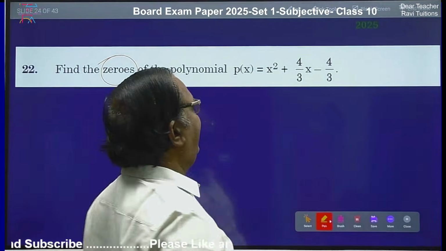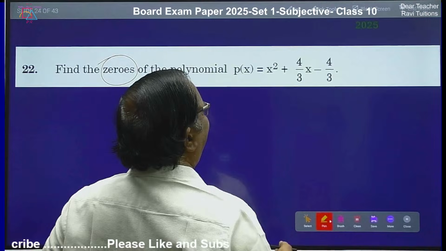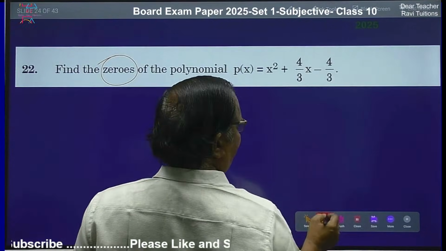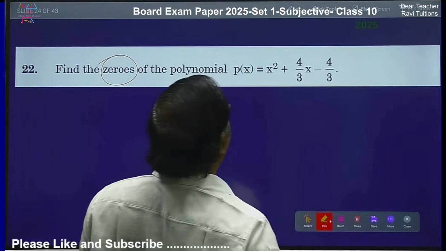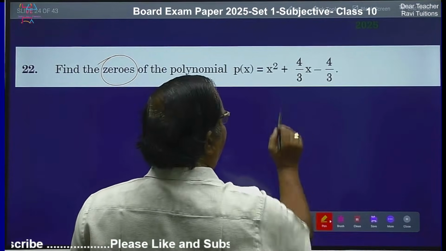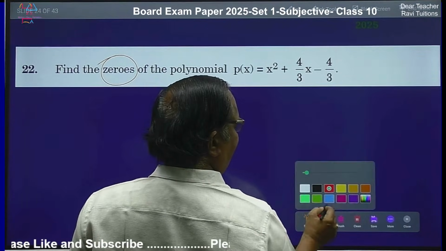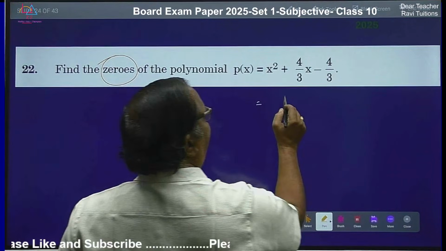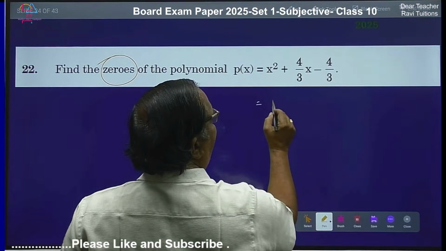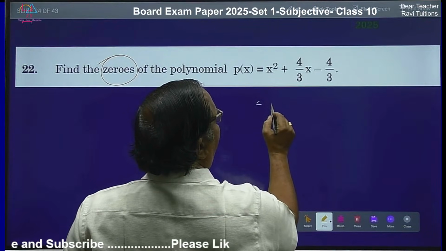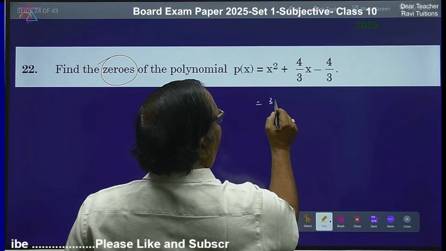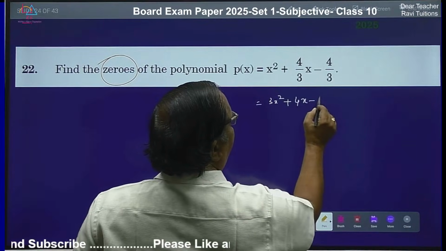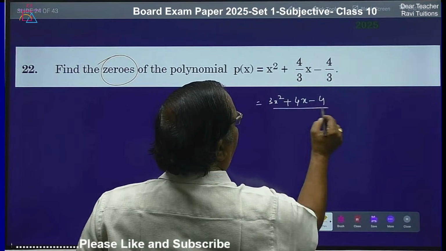We have to find out the zeros. Okay, so how to find out the zeros? Let us find out zeros from this only. So you factorize it. If we factorize, what happened? 3x square plus 4x minus 4 by 3.